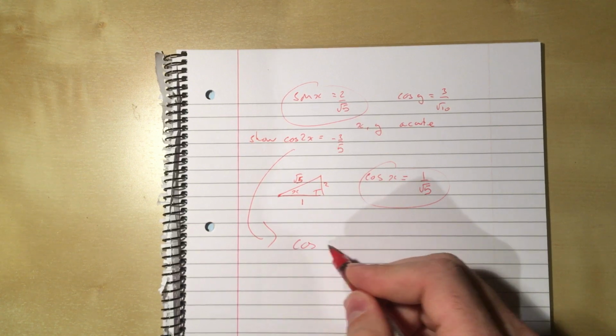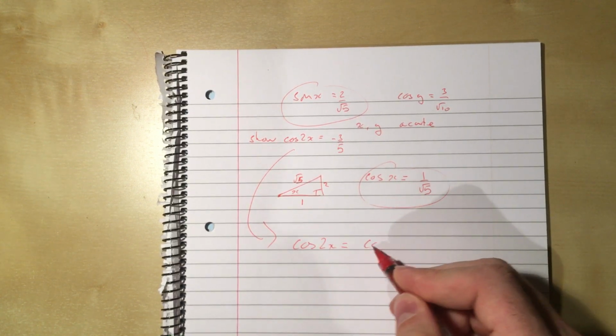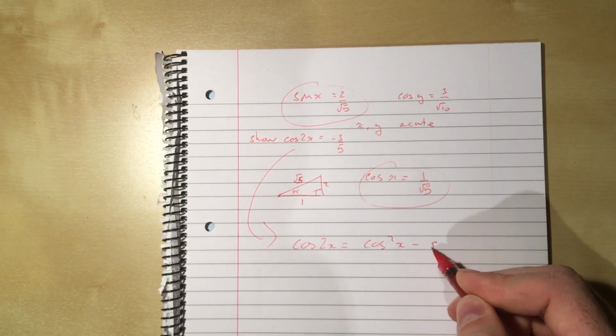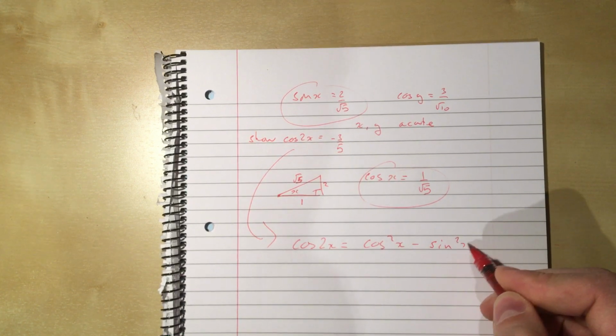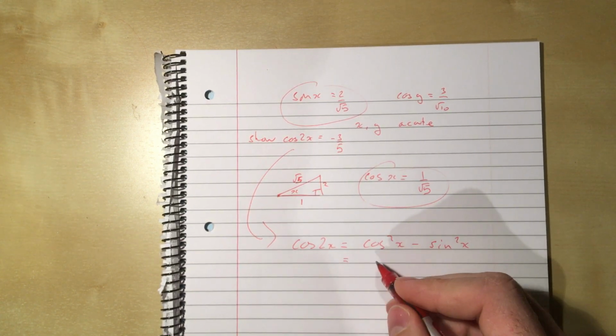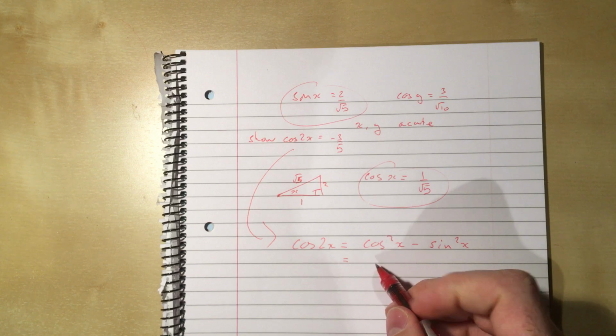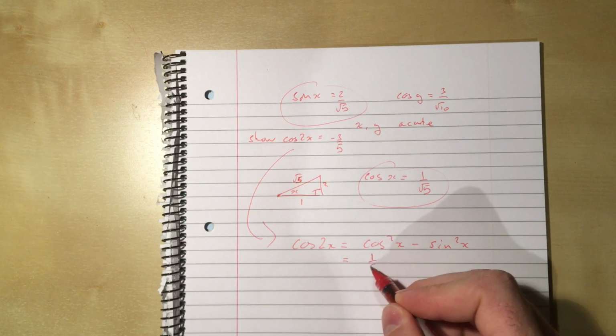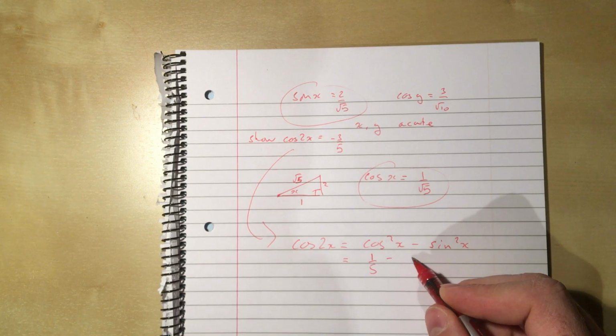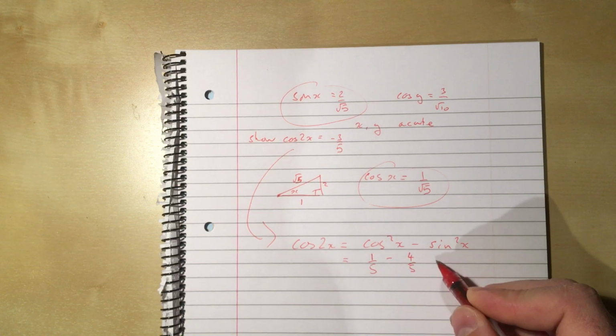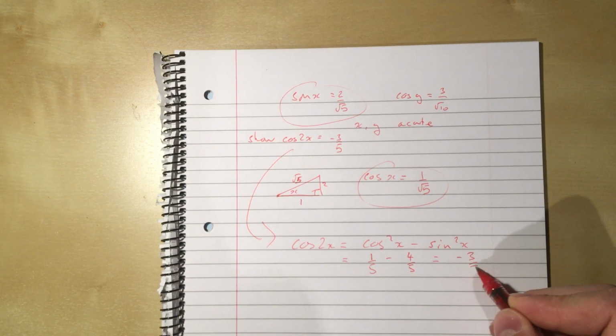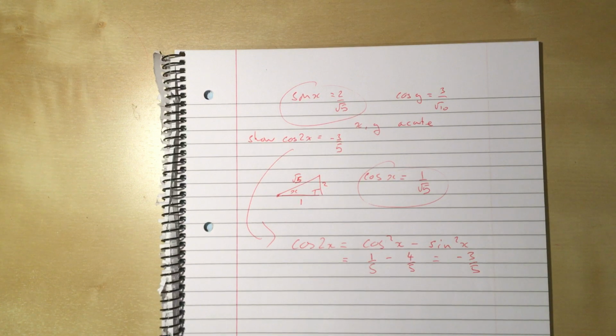Cos 2x is cos squared x minus sin squared x. So cos squared is 1/5, sin squared x is 4/5. That gives us minus 3/5, which is what we were looking for.